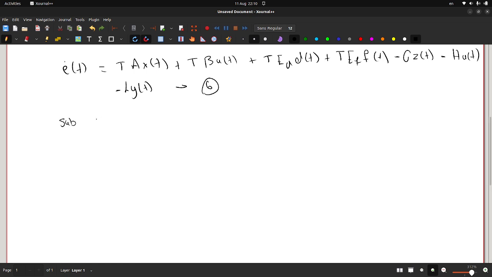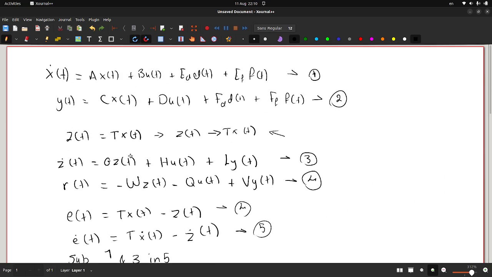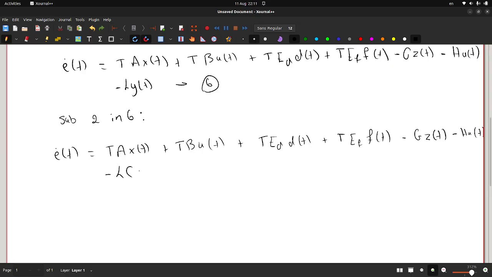So e dot of t is equal to TAx of t plus TBu of t plus T E_d times d of t plus T E_f times f of t minus Gz of t minus Hu of t minus L times y of t, which was Cx, so minus LCx of t minus LDu of t minus L F_d times d of t minus L F_f times f of t. And this is equation number 7.